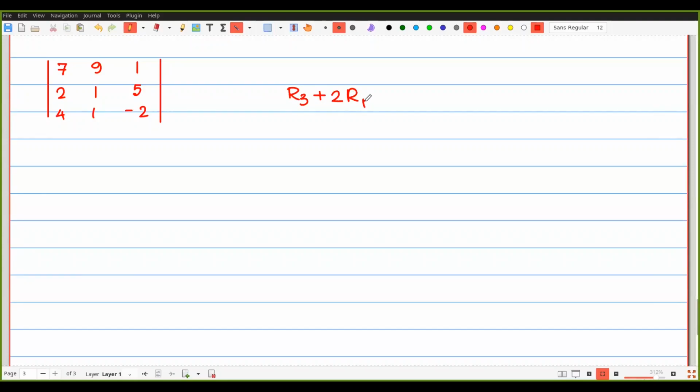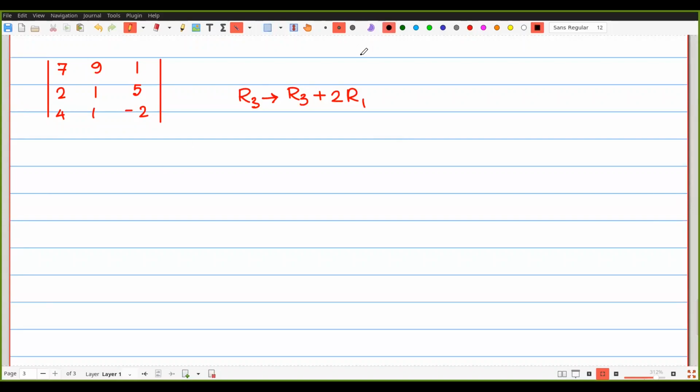Why I have done that is nothing. Here just giving the example, that's why. According to problem, the operation would be. Here I am just giving you an example. Now R3 plus 2R1, that means which one? The row 3 is becoming like that. The row 3 is now row 3 plus 2R1.